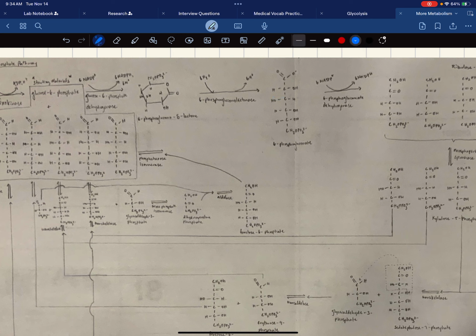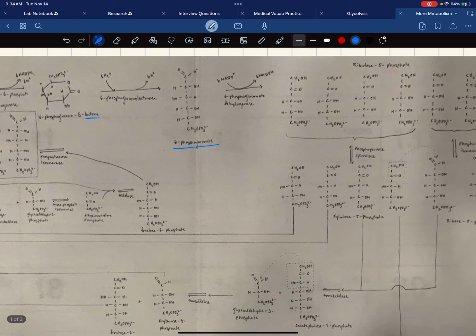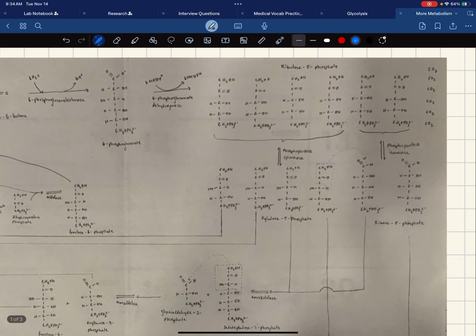You have the lactone, and then you get the phosphogluconate. Once you get to 6-phosphogluconate, you put them through 6-phosphogluconate dehydrogenase. That makes these five ribulose 5-phosphates, and at the same time we kick off this CO2 right here as carbon dioxide.